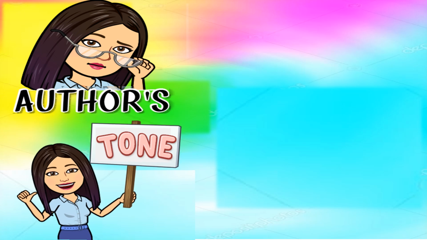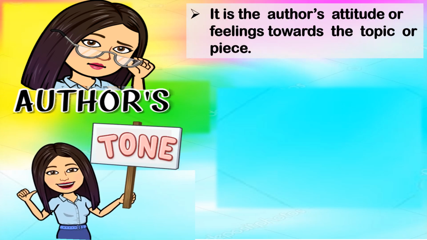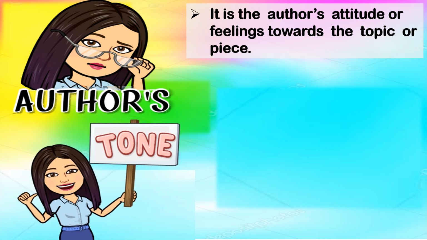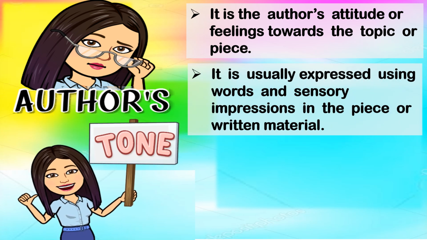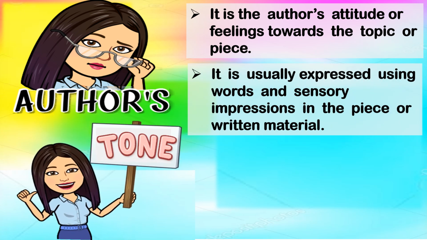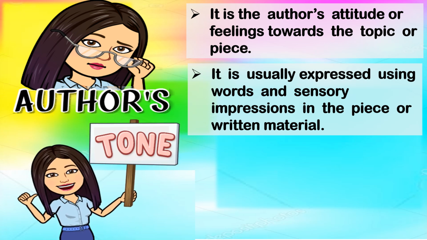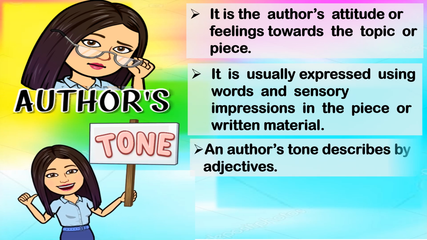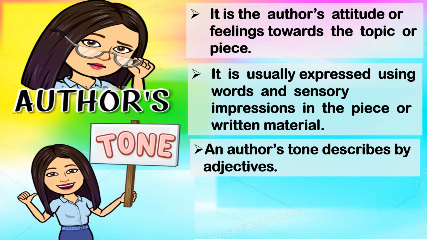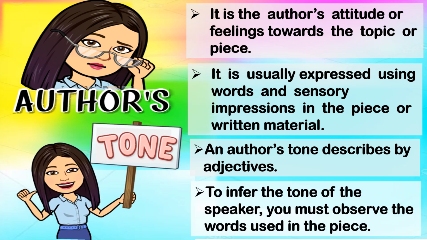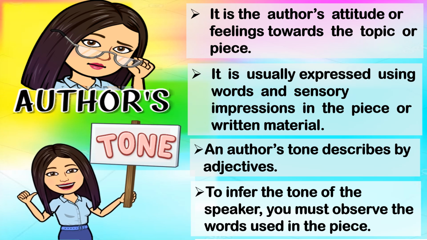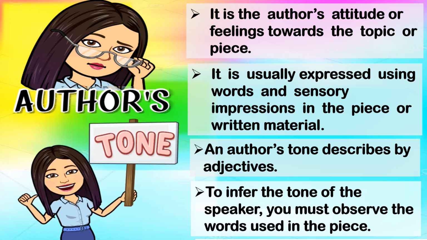Author's tone. It is the author's attitude or feelings towards the topic or piece. It is usually expressed using words and sensory impressions in the written material. An author's tone is described by adjectives. To infer the tone of the speaker, you must observe the words used in the piece.